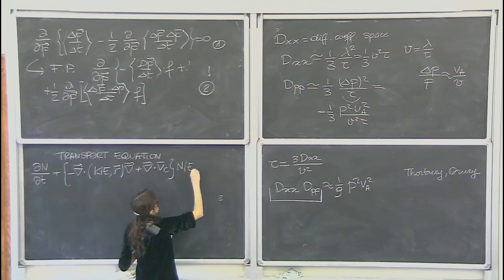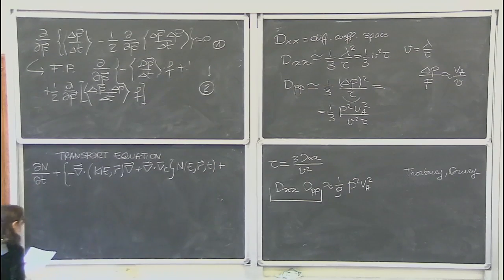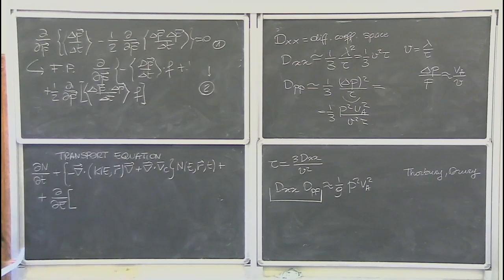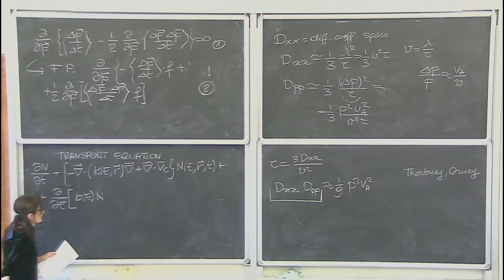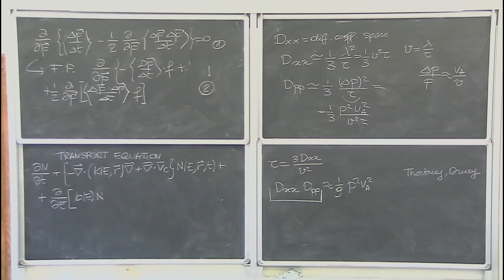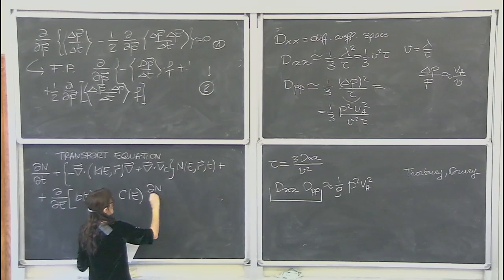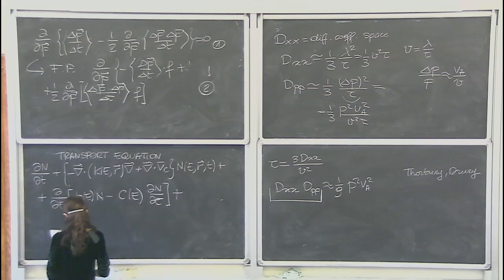I write only once that it depends on energy, space, and time. And then we have the energy component, just what I was deriving with you today and yesterday. A coefficient, which I will deal with in a while, that I call B, minus C dn over dE.